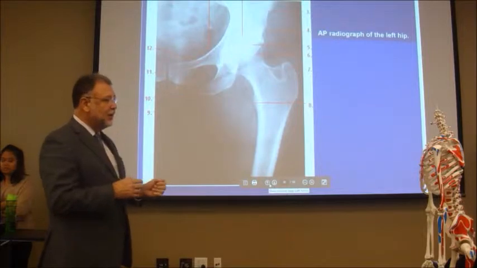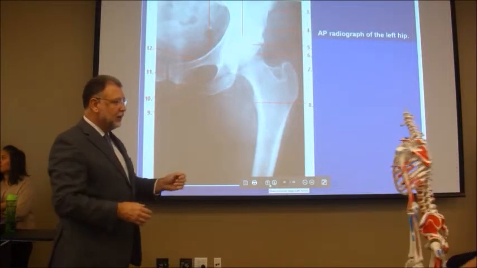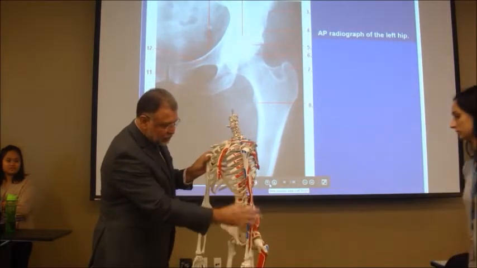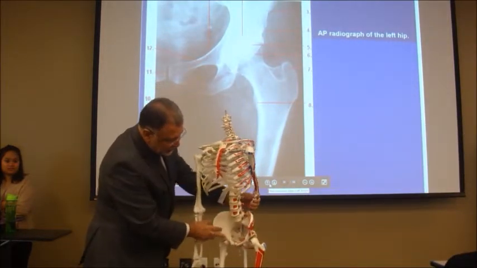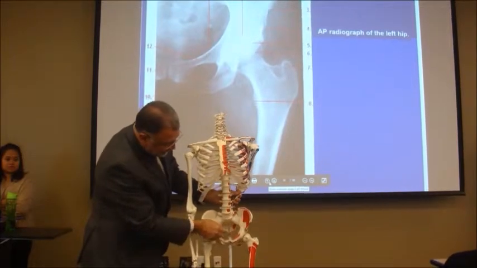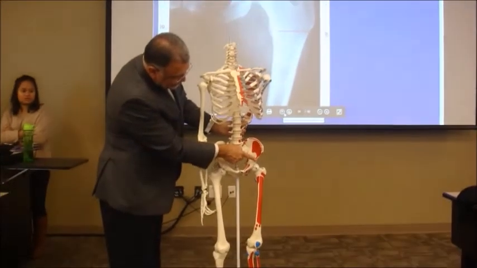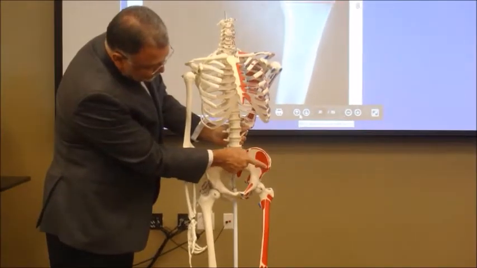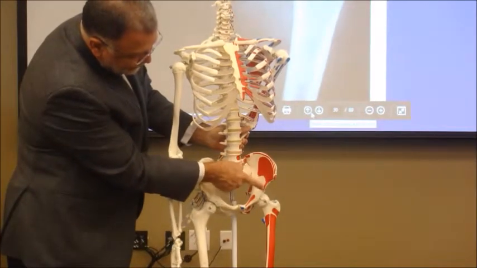The thing here, if we could see the model, is to show how the insertions and the muscles are related, the anterior inferior iliac spine and the anterior superior iliac spine.